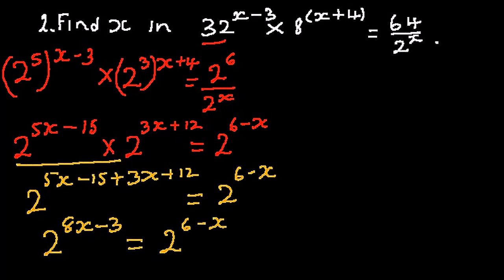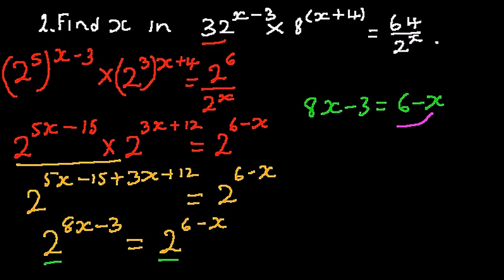Now since the base is now common, it means the indices are the same, and therefore we can write 8x minus 3 is equal to 6 minus x. So we bring x to this side.